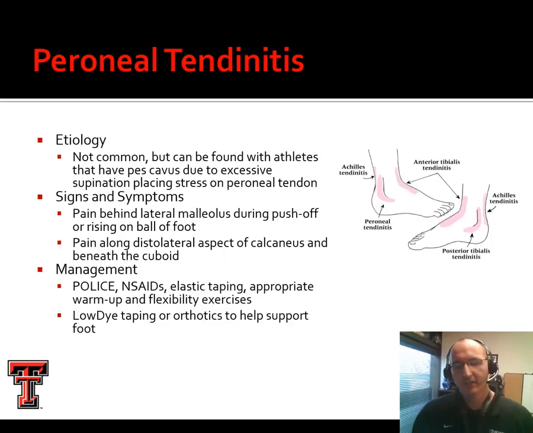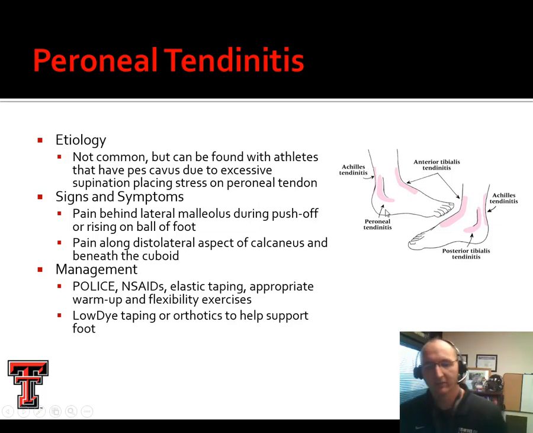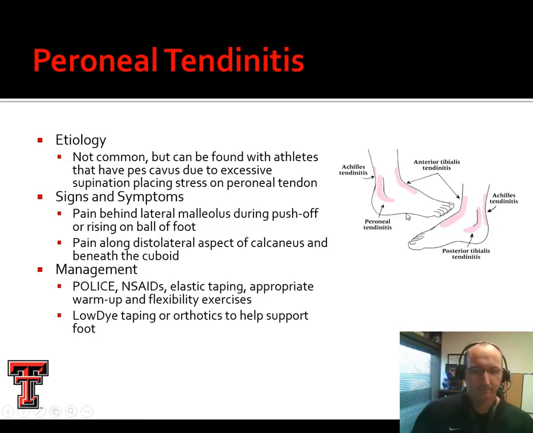Okay. Peroneal tendonitis looks just like that snapping peroneal, but it doesn't snap, it's just tender. So we'll have tenderness in the area of the anatomical pulley of the lateral malleolus. Usually this is not terribly common, but we'll see this in athletes that have cavus feet due to lots of supination that puts stress on that peroneal tendon.